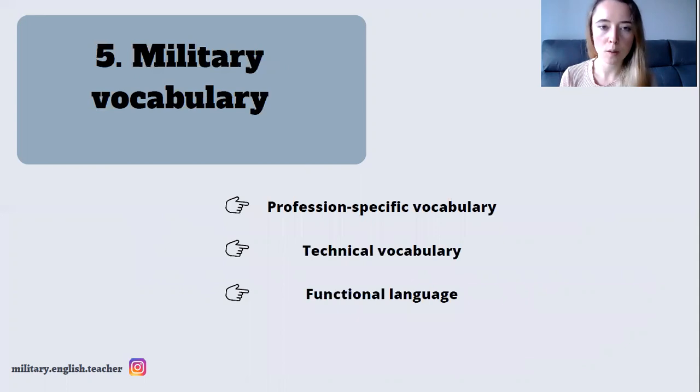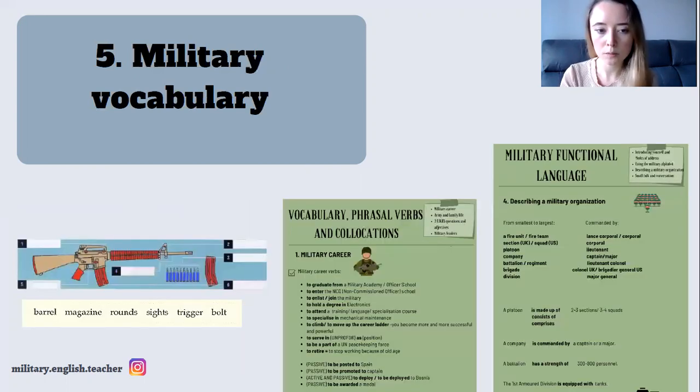I'm gonna show you some examples of my workbook. This is the one in green. We've got some functional language, such as describing a military organization, talking about different units and who commands them, and also the vocabulary, phrasal verbs, and collocations related to military career.